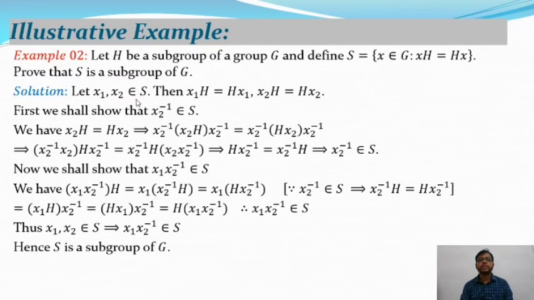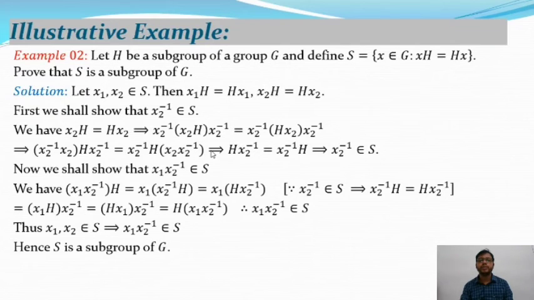Let x1 and x2 be two elements in S, then x1H = Hx1, applying the above property of the given problem, as well as x2H = Hx2. So first we shall show that x2 inverse belongs to S. We have x2H = Hx2, which implies x2 inverse times x2H times x2 inverse.